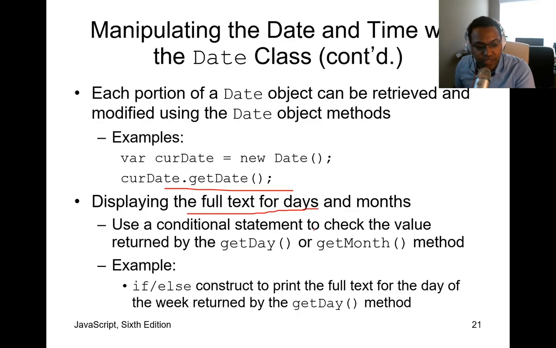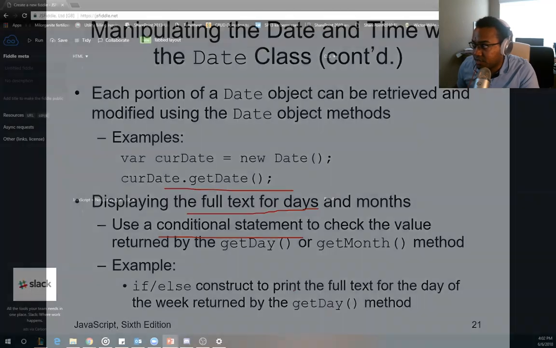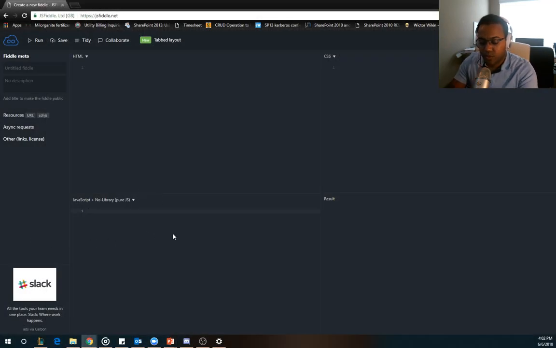To display the full text for days and months, use a conditional statement to check the value returned by the getDay or getMonth method. So let's test out to see what this actually does. We'll say var curDate, curDate equals new date. I can do the typing. There we go. And then, you know what?